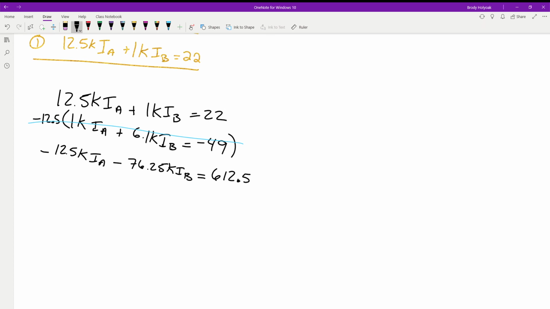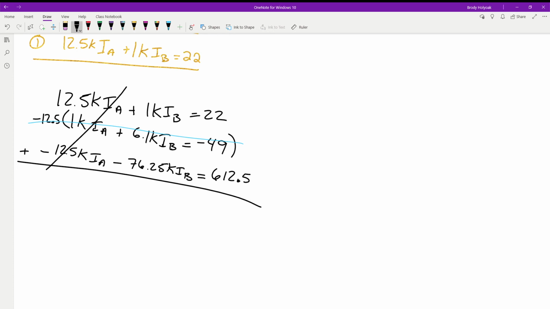Now we add these together. The IAs fall away. We've got a positive and negative of the same magnitude, which is what we're trying to get to. We've got a negative 76,000 plus 1,000.